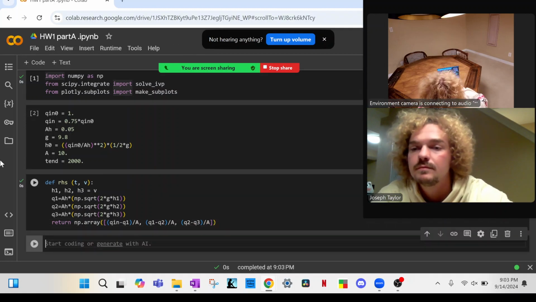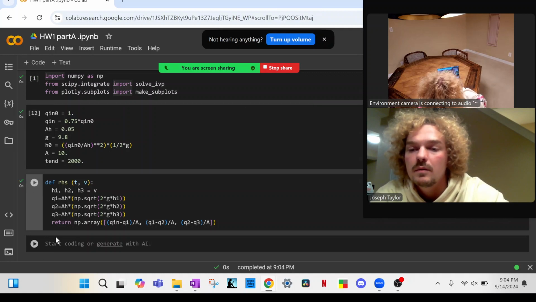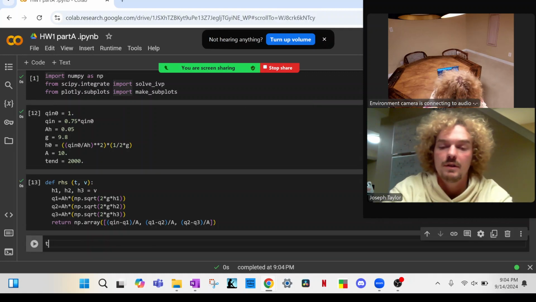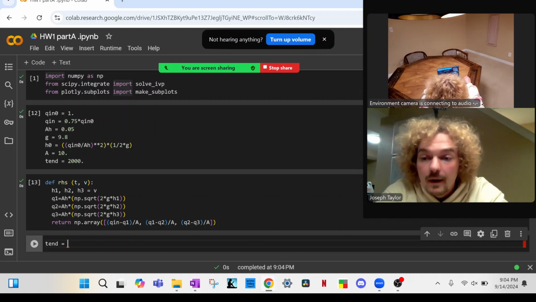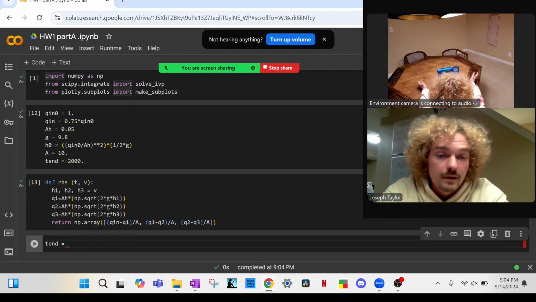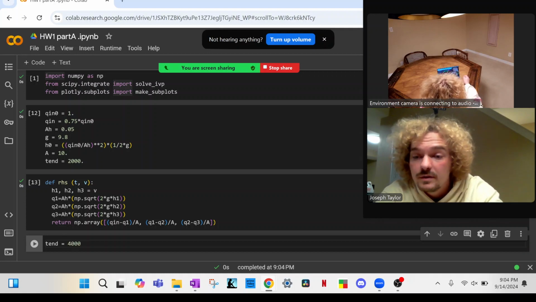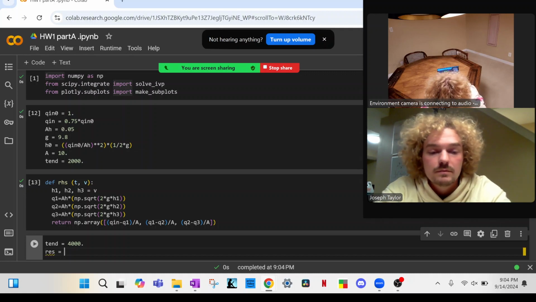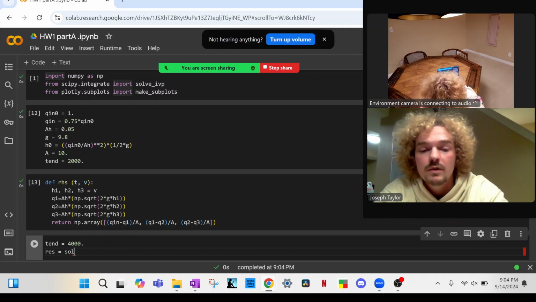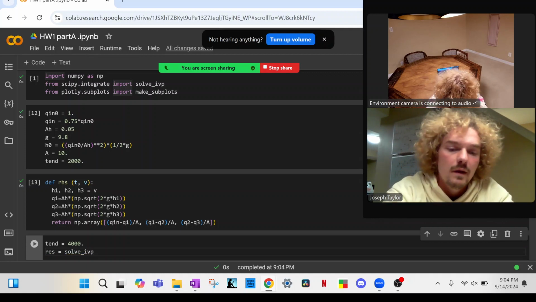Shift enter. I don't know if I ran this one. There we go. So now we're just going to set the end time, which I have found that a good end time is 4,000 seconds. So I'm just going to put it as 4,000. And then as a result, we want to do solve_ivp.